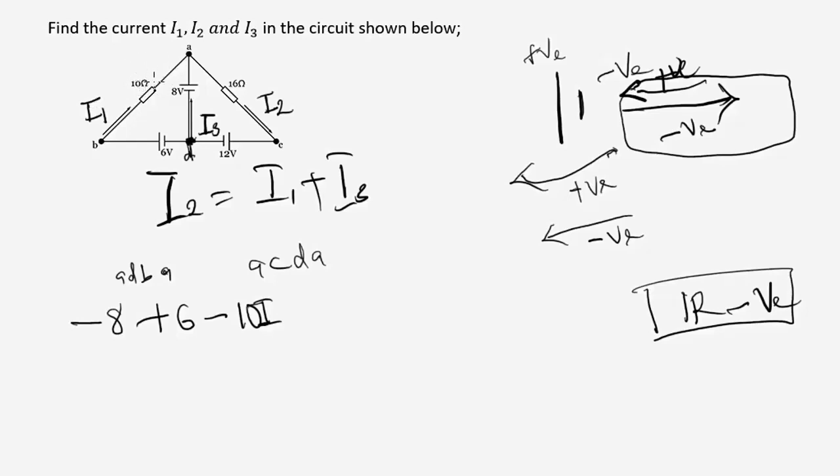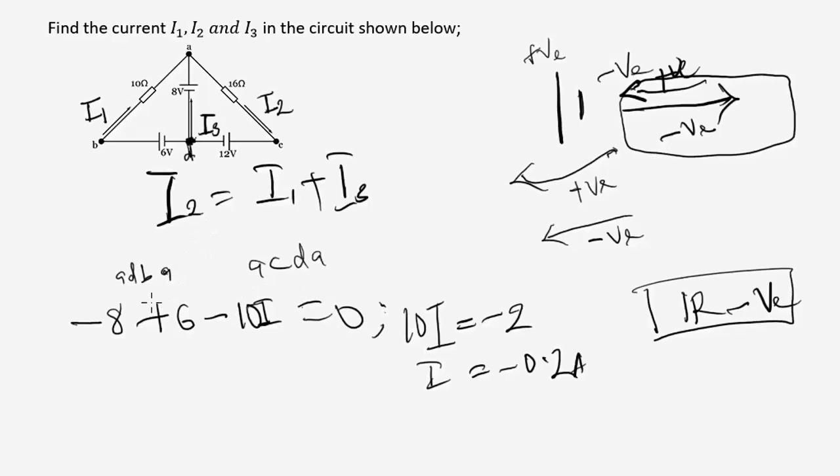The resistance is 10 ohms, and then the current is not given. Alright, so when we have all this, we equate it to 0. Alright, so when we make further calculation of this, we will have 10I to be minus 2, and then I alone to be minus 0.2 amperes.